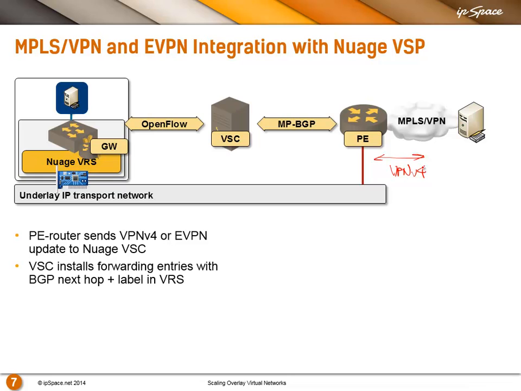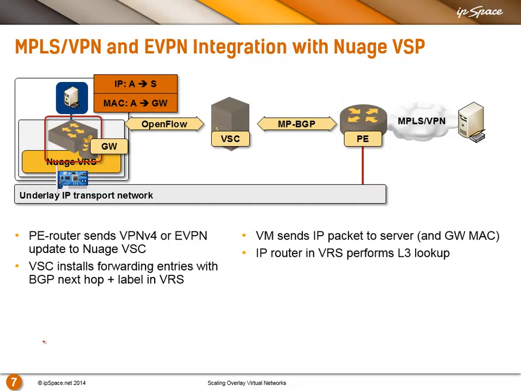And then VSC would use OpenFlow to install the forwarding entries with the proper BGP next hop and label in VRS. As the VM sends a packet to the server over here, because the server is in a different subnet, it sends the packet to the MAC address of the gateway, which resides in the VRS. So the packet would land in the layer 3 code and the gateway would do layer 3 lookup.